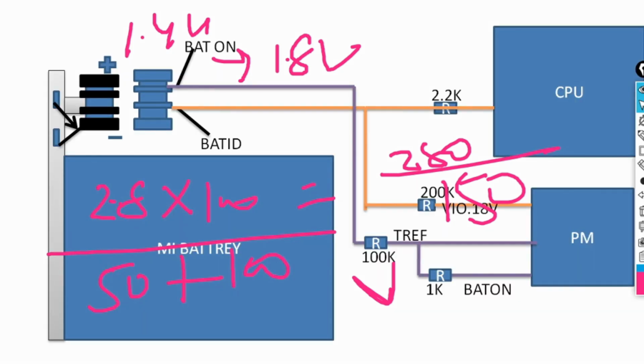Because the software in a phone coded such a way that if the voltage is above 1.4 volt or below 1.4 volt, this is just an example, then temperature error will appear on the screen, right? Phone temperature is too high, phone temperature is too low.